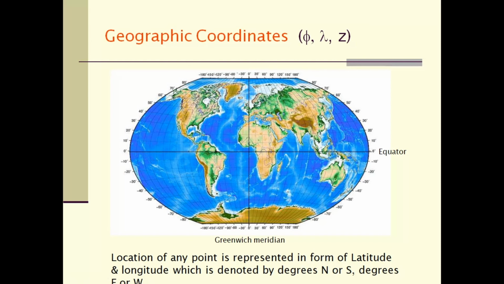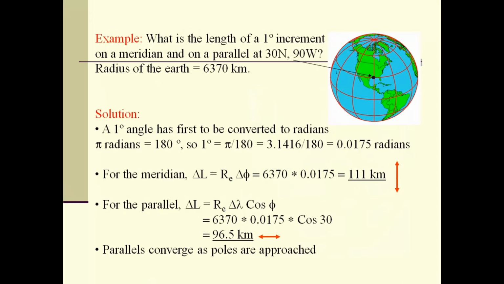Now I will take a small exercise. What is the length of a 1 degree increment on a meridian and on a parallel at 30 north and 90 west? This is the point location, 30 north and 90 west. If we go 1 degree increment, how much length do we actually cover on a meridian and a parallel?